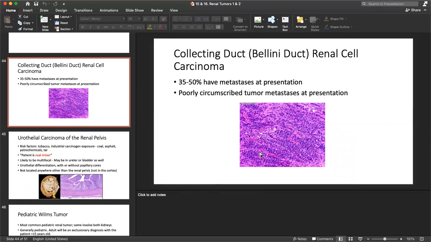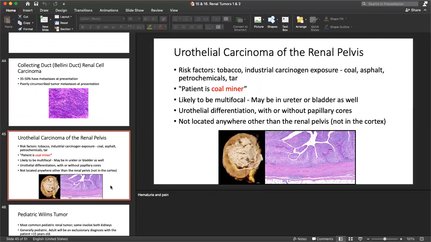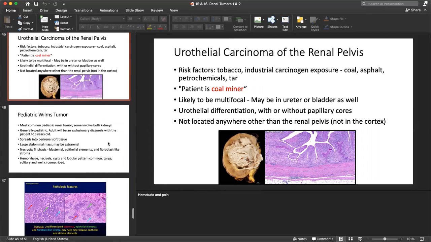Back to Bellini, looking at this, they're kind of linear. I just thought about that to help you differentiate. There's lots of purple. It's not anywhere except the renal pelvis. It's not in the cortex.